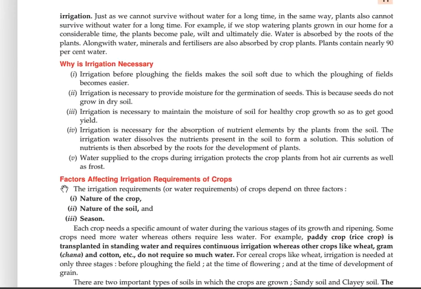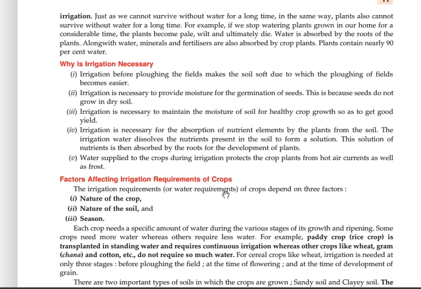The next is factors affecting irrigation, meaning what are the factors which affect or may change the irrigation requirements for any growing crops.